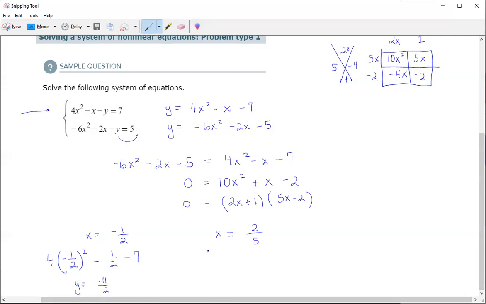And when I do it with 4 times 2/5 squared minus 2/5 minus 7, I would get y equal to negative 169 over 25. So I would have two answers. One when x is negative 1/2, and one when x is 2/5.